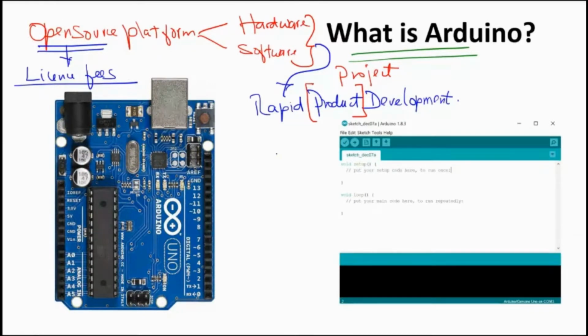Somebody has invented this board. This board is an innovation of an individual. But that individual who has innovated this board has given this board as an open source board.